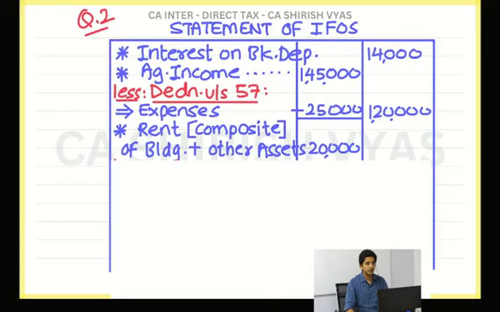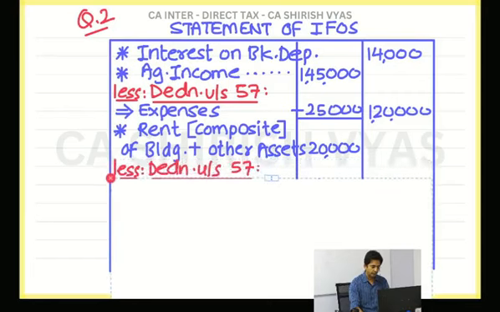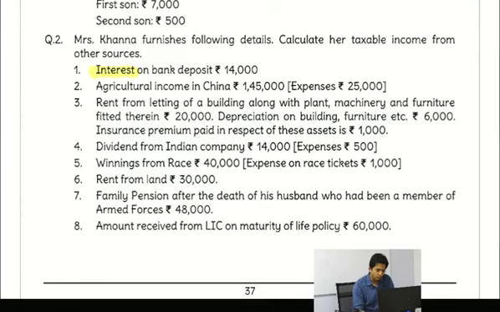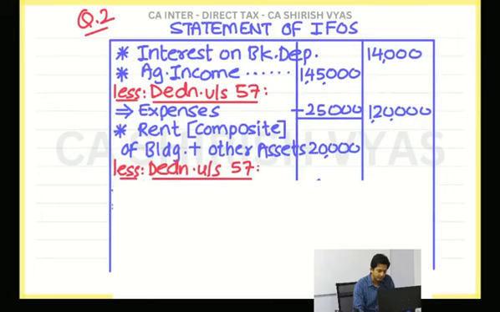Less deduction under section 57. Use a red pen. If you do not have one today, at least from the next lecture carry a red pen with you. Although there will be less writing work in class, where you will have to listen more and write less, have the habit of keeping a red pen with you. Now see how many expenses were given. One was depreciation, one was insurance premium. See the presentation of how I have done it.